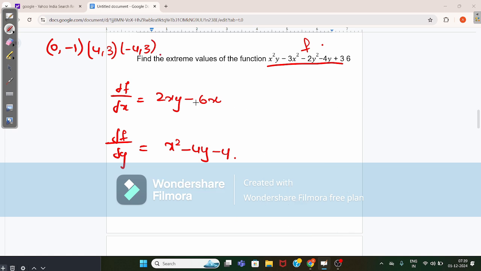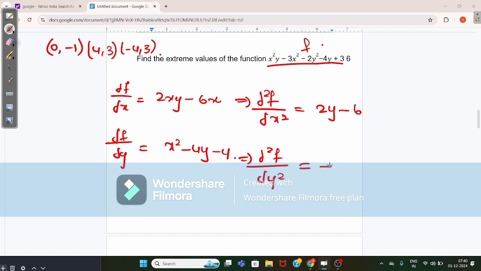Now again differentiate this. ∂²f/∂x² gives the value 2y minus 6. ∂²f/∂y² gives the value minus 4. Again differentiate, ∂²f/∂x∂y, from this the value will come 2x.